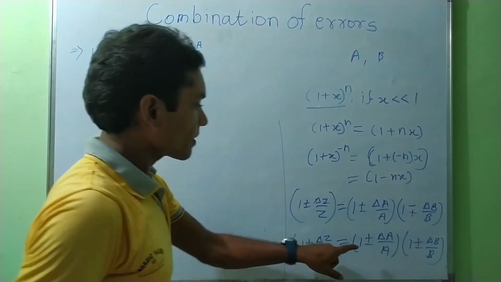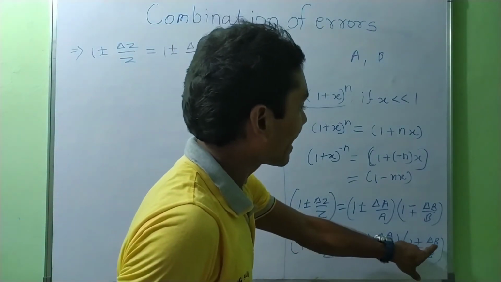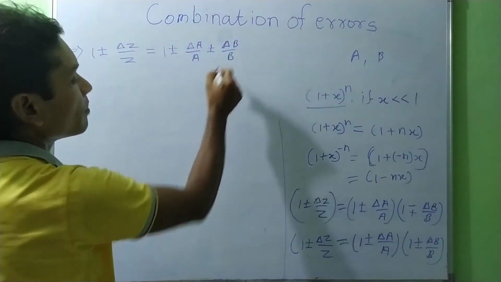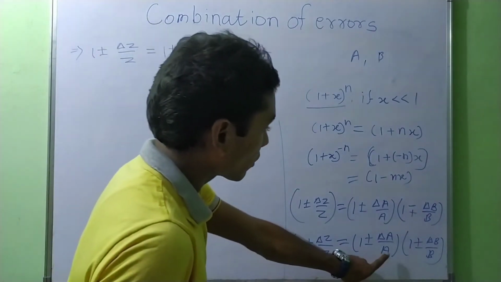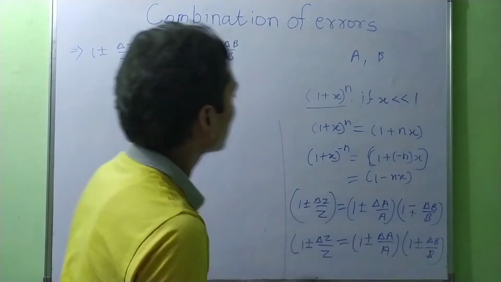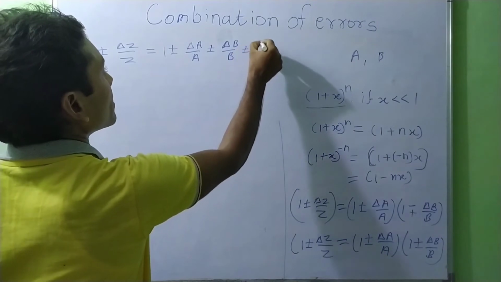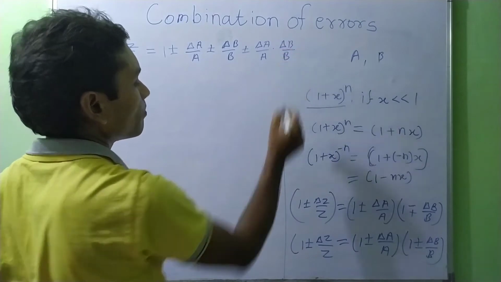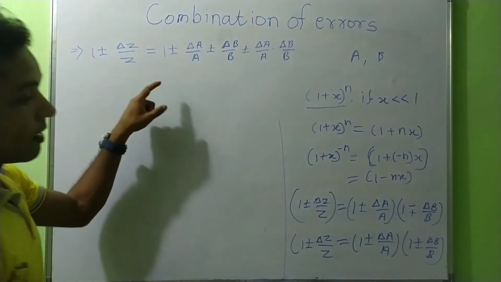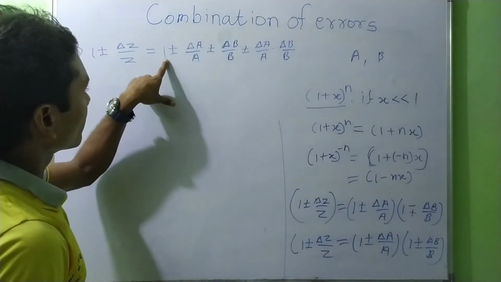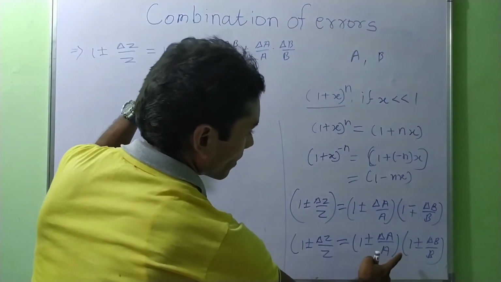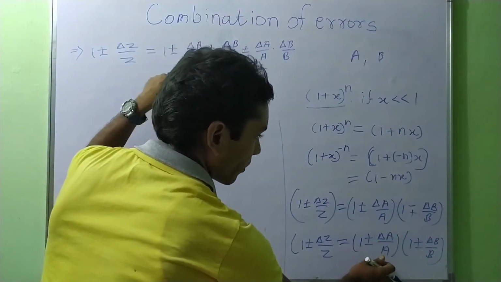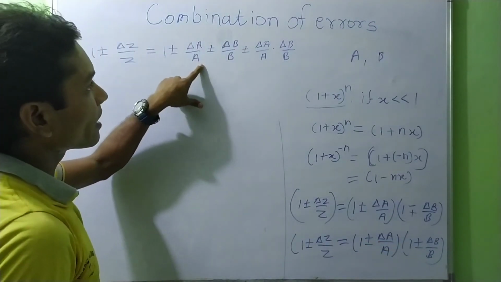Now 1 into Δb/b equals ±Δb/b, and the multiplication of Δa/a into Δb/b gives ±Δa/a into Δb/b. 1 into 1 is 1, and Δa/a into 1 equals Δa/a.